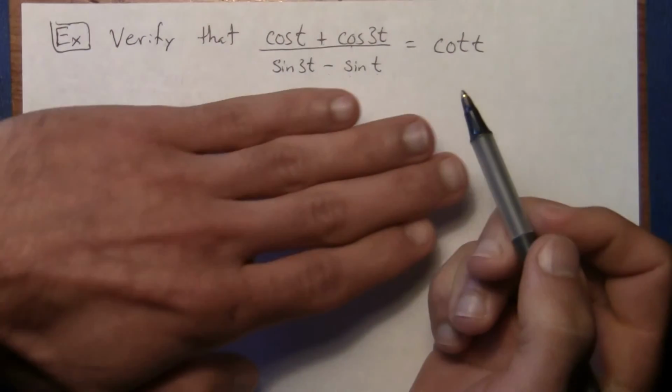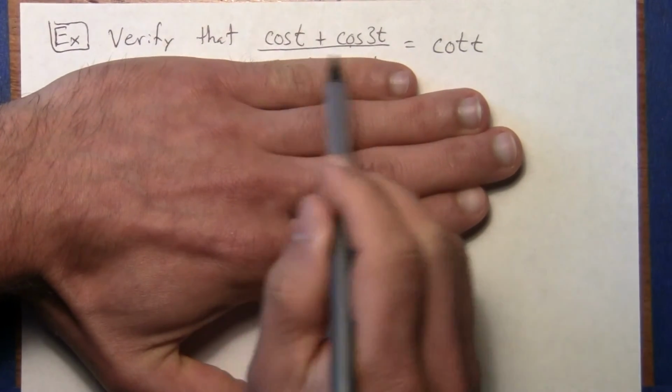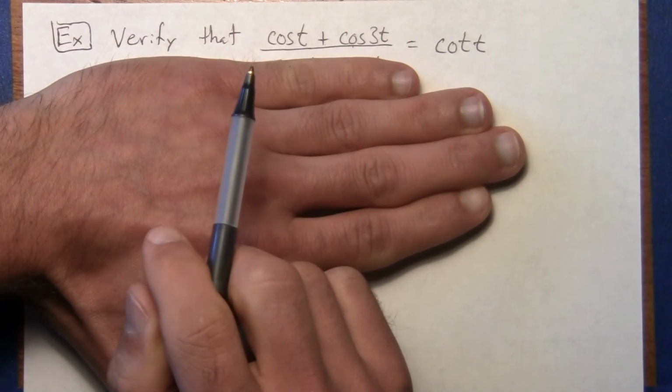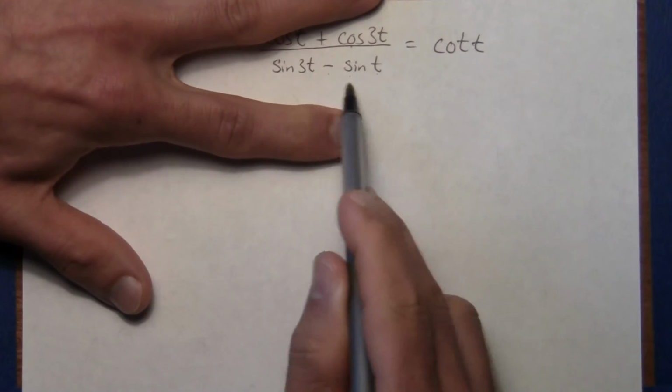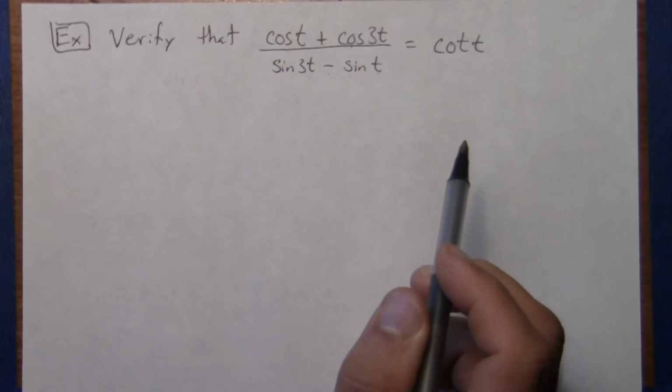Again, if you looked at just the numerator, it's two cosine functions with two different angles being added or subtracted, and then basically the same thing in the denominator. It's two sine functions with two different angles being added or subtracted.